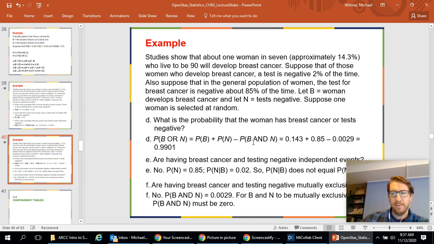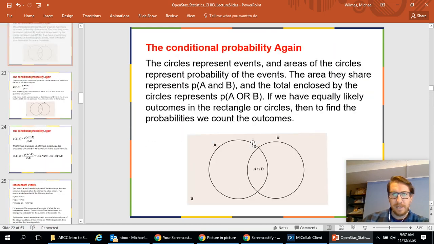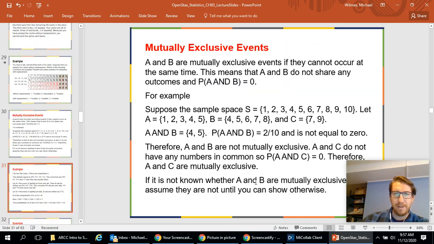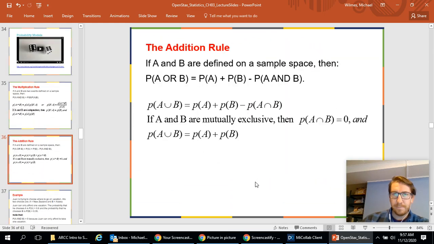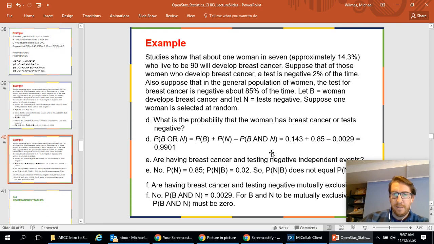If we think about these overlapping Venn diagrams, if we take A and B and add those together, we're going to count this middle part twice. So what we want to do is subtract that middle part once, so we count it just a single time.